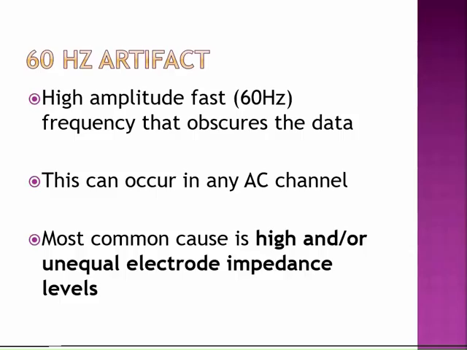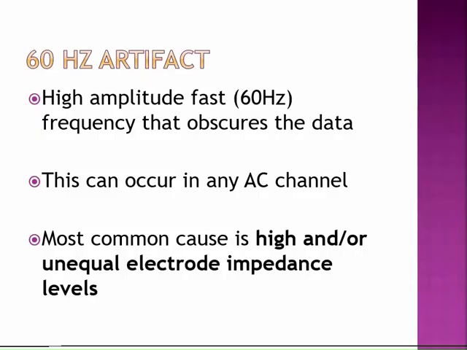So that would be your EEGs, your EOGs, EKGs, essentially everything except for your respiratory channels, so your flow, your belts, and your SpO2. So any of the other channels, EEG, EOG, snore, EKG, legs, am I missing one? They are all open to potentially having 60 hertz artifact.